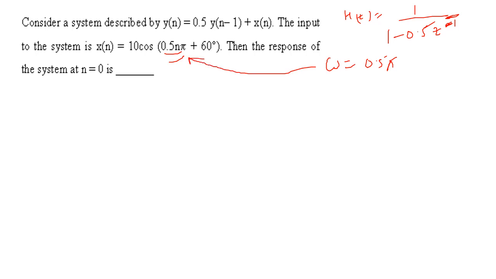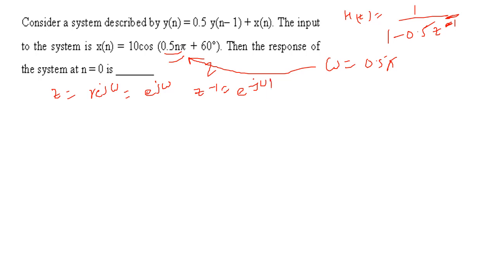Once we get that value, we know that z will be r e^(j omega), or simply e^(j omega), so z inverse will be e^(-j omega).